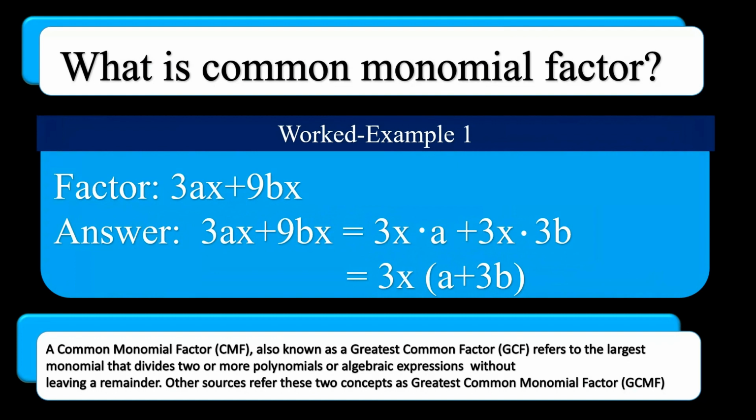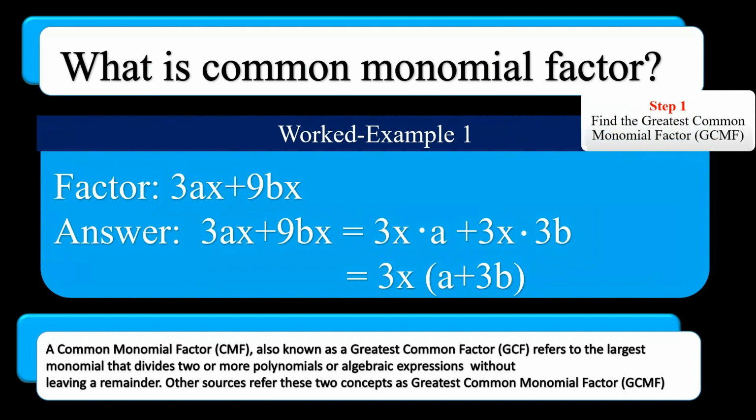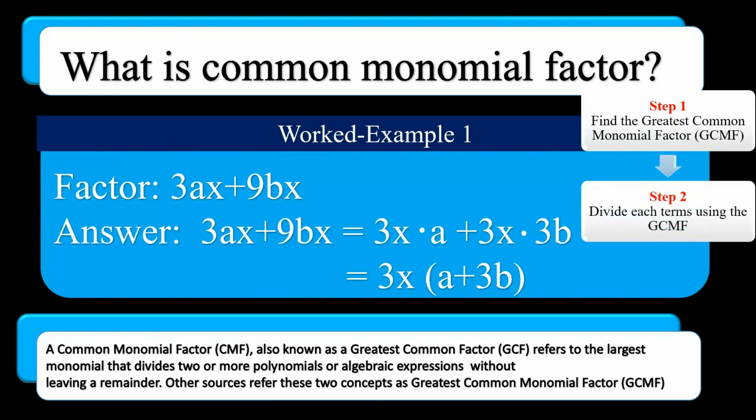There are actually steps na follow on in order for us to arrive to a certain factors. So here's the first step, find the greatest common monomial factor. Second step is to divide each terms using the greatest common factor.